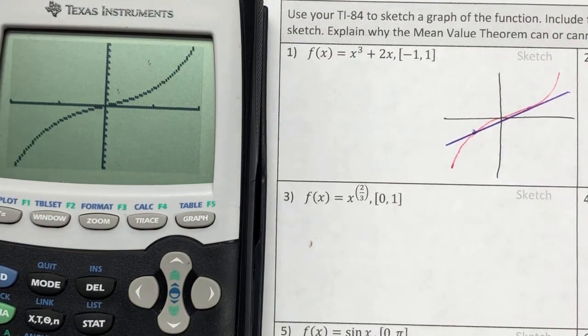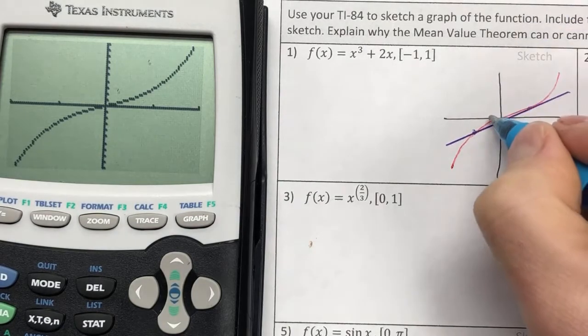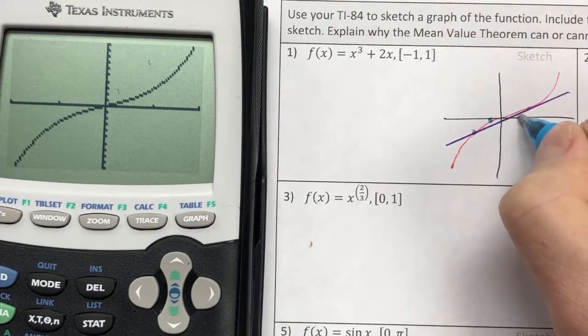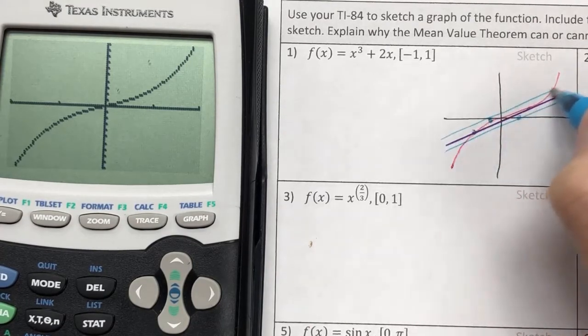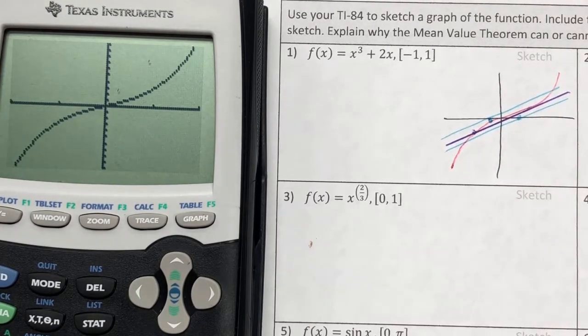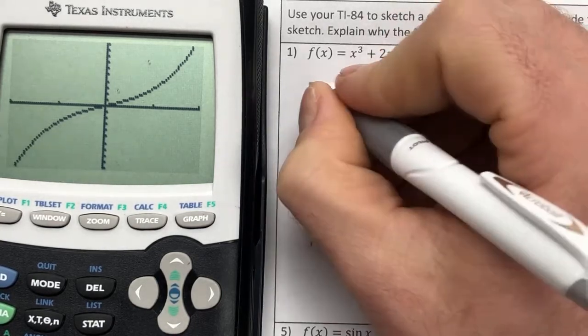Now, assuming that my artistic skills were a little better, what you would notice is that you would have a point up here, and this curve would actually extend down here. And I would have not 1, but 2 tangent lines. So, can the mean value theorem be applied?